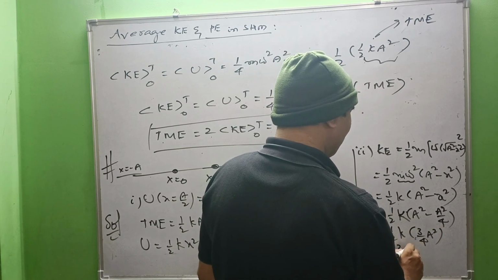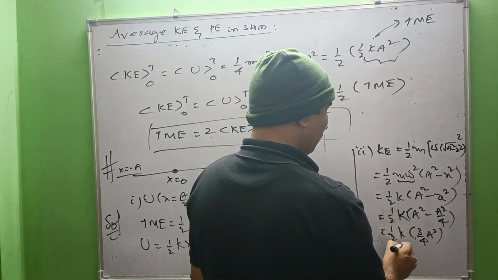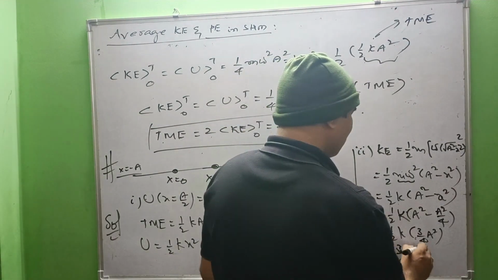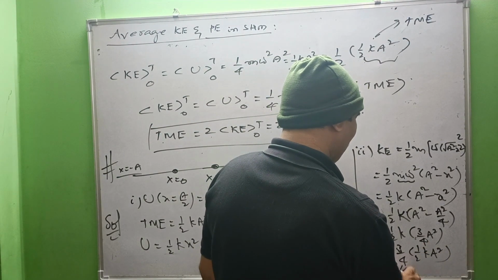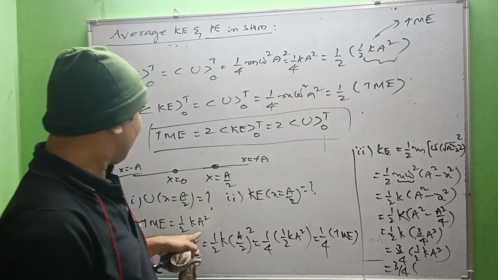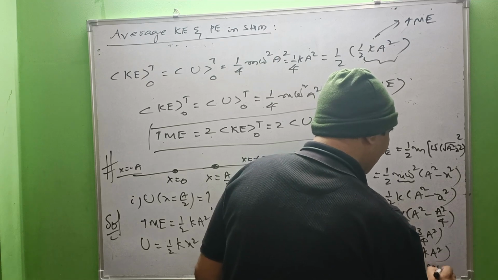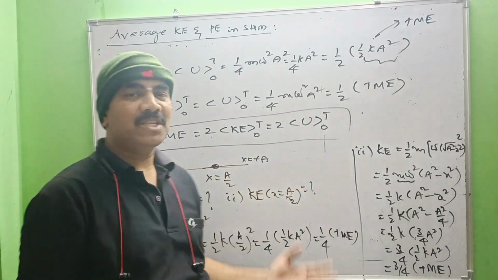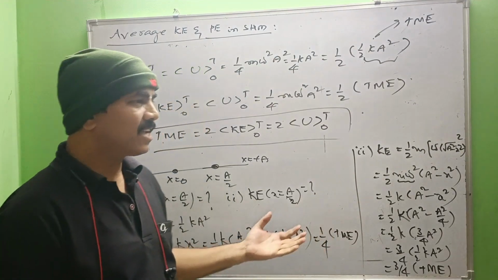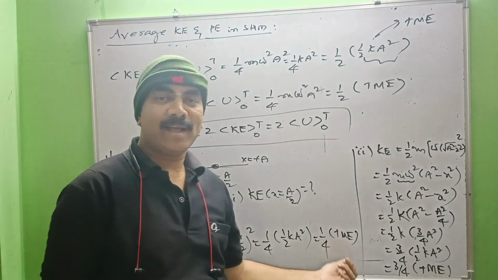That is 3/4 of 1/2 k A square, again the total mechanical energy. So that's how at a position x equal to half of the amplitude, the potential energy carried by the simple harmonic oscillator equals 1/4 of the total mechanical energy.